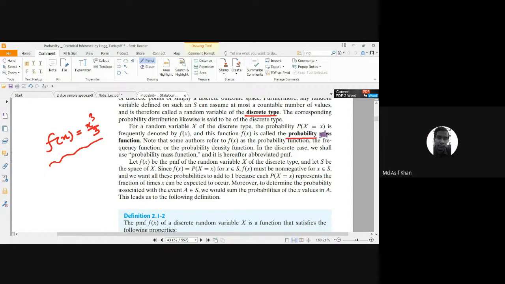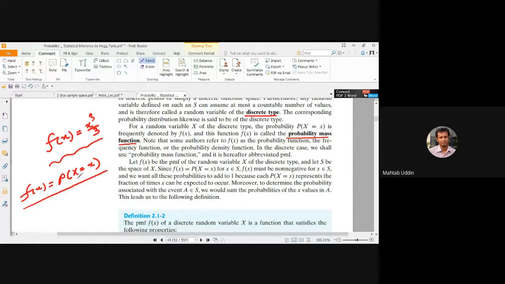In case of discrete functions, this is PMF. And in case of continuous functions, it will be PDF, probability density function. But now we will study only the PMF. So f(x) actually indicates the probability that the value of X is x. This is called the probability mass function.